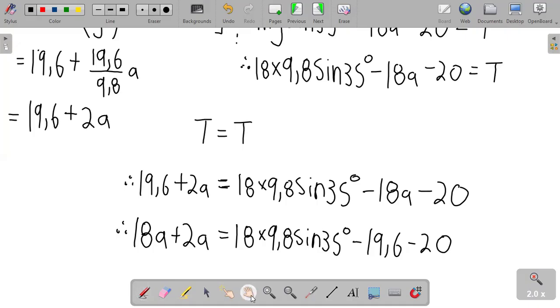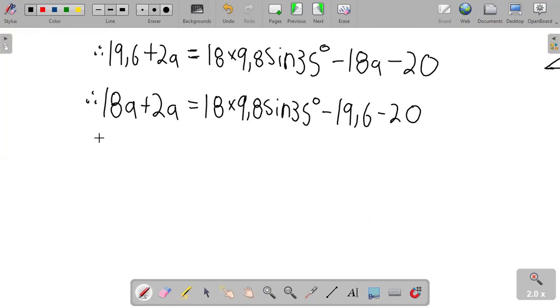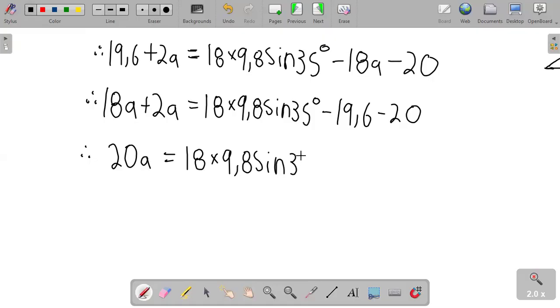So then after that, it is therefore 20A equals 18 multiplied by 9.8 sine 35 degrees, minus, so we minus the 2 here, we get 39.6.